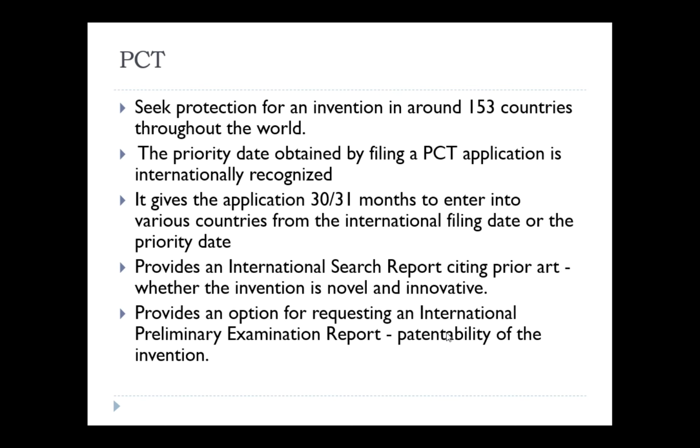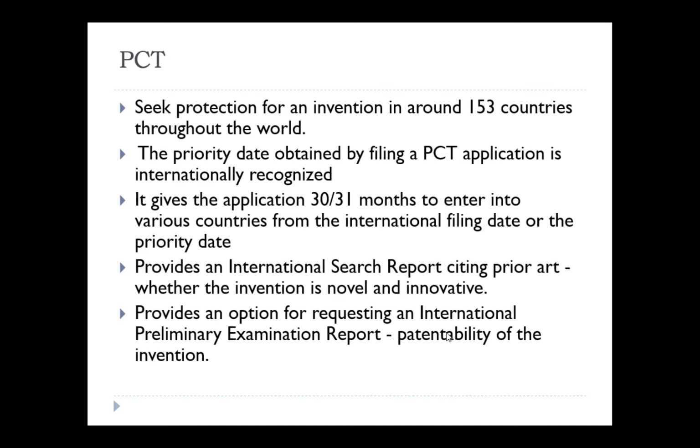International Search Report: in that, we generally do the examination throughout the world, and as I said, this PCT is controlled by WIPO. They have 153 databases in their system, in their core. So what they are doing is assessing the invention against the 153 databases.